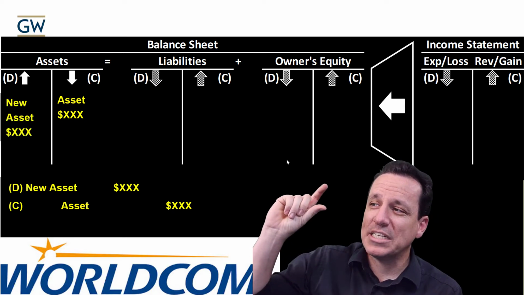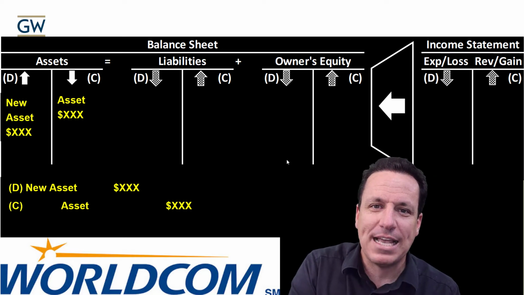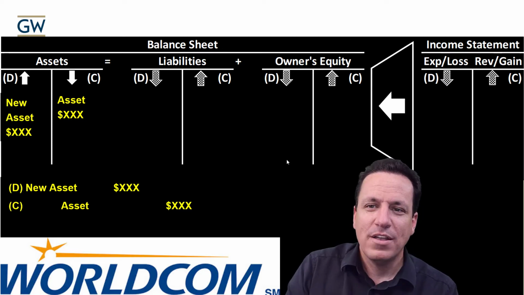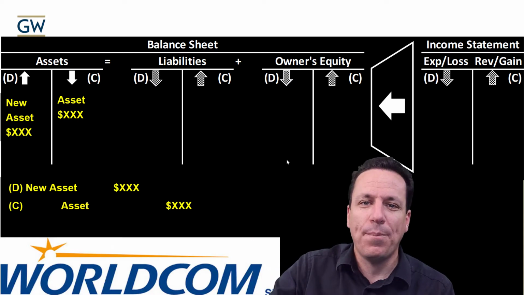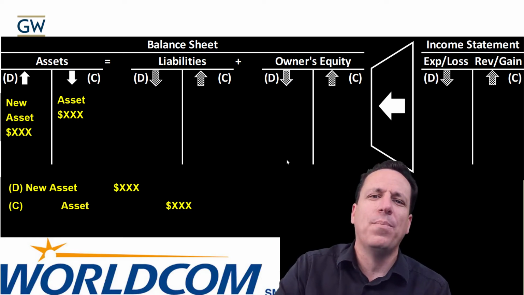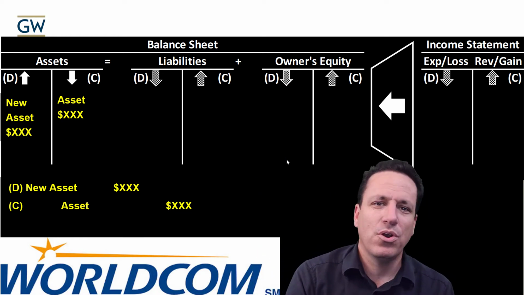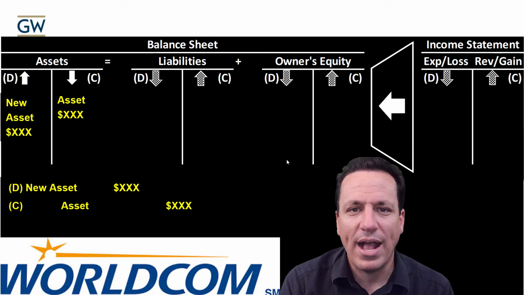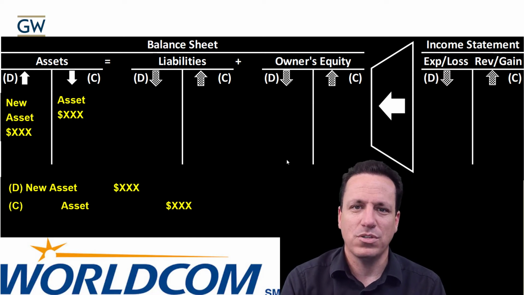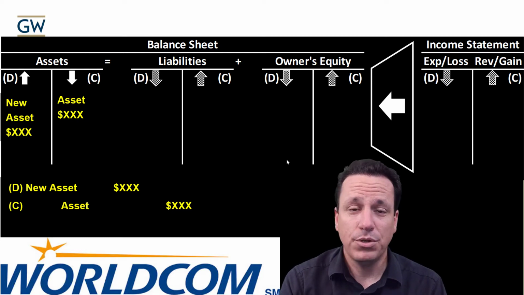Instead of reporting an expense on the income statement, they debited a fictional asset as if there were a value there. So it would be as if they used the toilet paper and then went to their books and said, I used the toilet paper, but it was part of a process that we still have value from. And so they put on their books that they had some sort of new asset connected with that, even though the toilet paper's in the bowl.